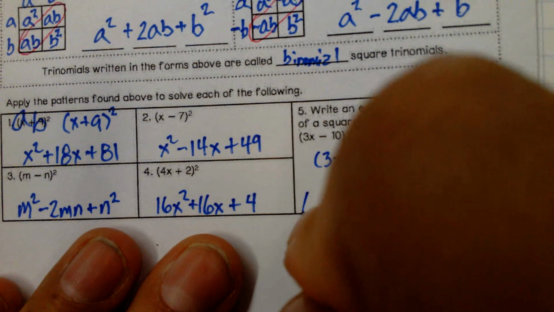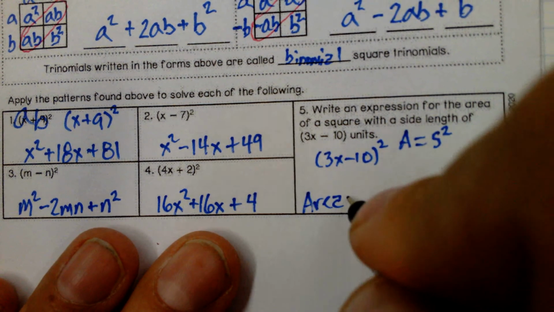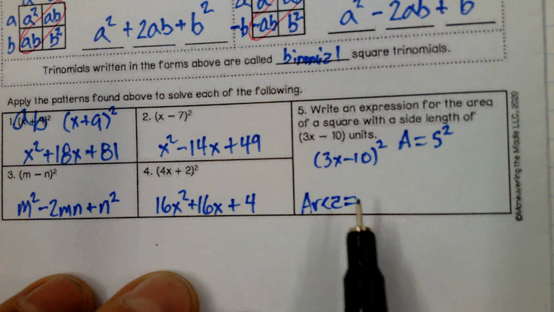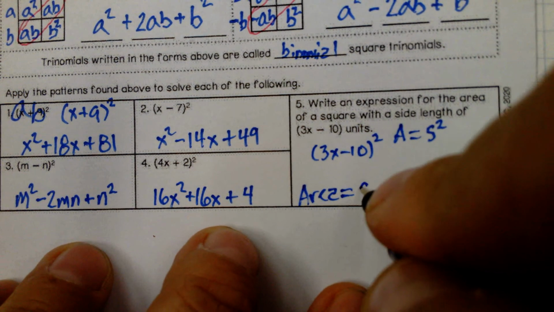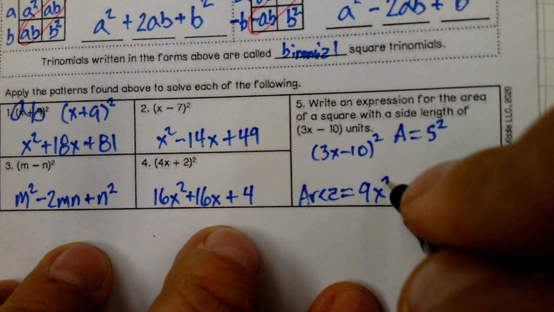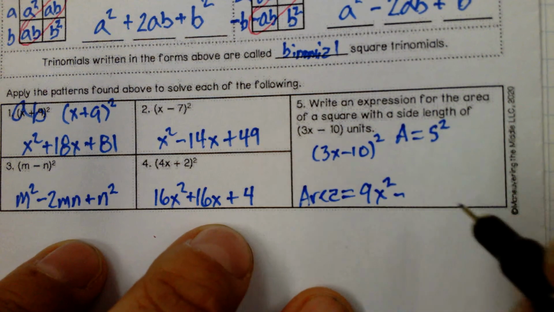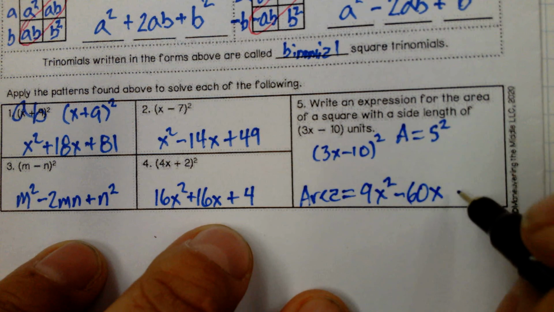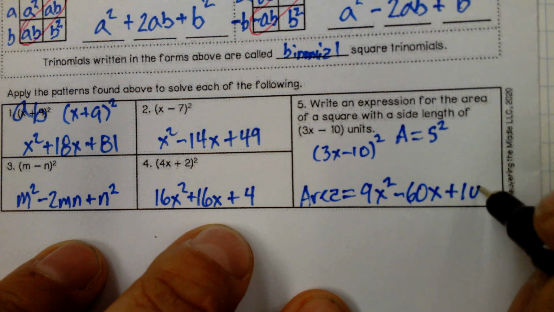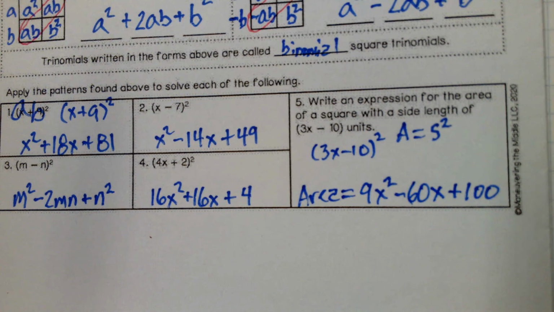So the area would be this squared. That would be 9x squared minus 60x plus 100. 10 times 10.